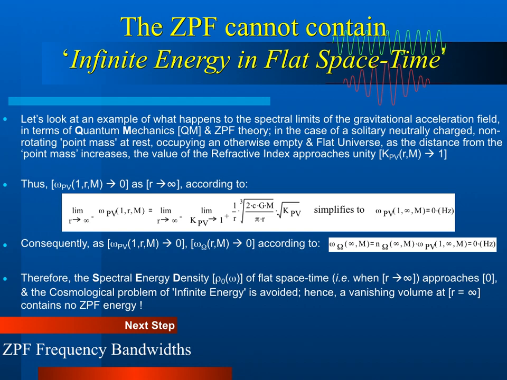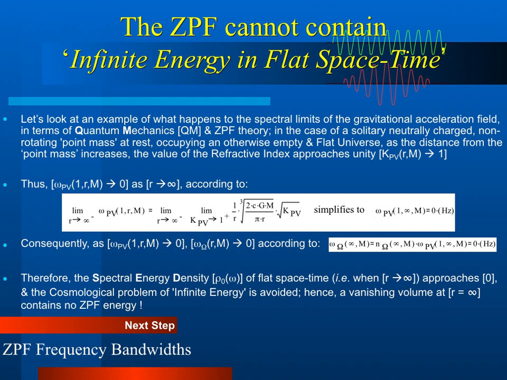Thus, the lower spectral limit approaches zero as the radial displacement approaches infinity. Consequently, the upper spectral limit approaches the lower limit and the spectral bandwidth converges to zero. Therefore, the spectral energy density of flat spacetime approaches zero, and the cosmological problem of infinite energy is avoided. Hence, a vanishing volume at infinite radial displacement contains no zero-point field energy.